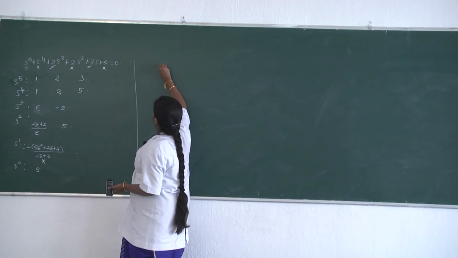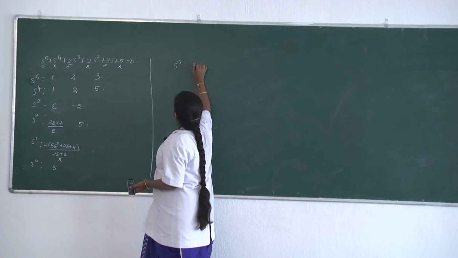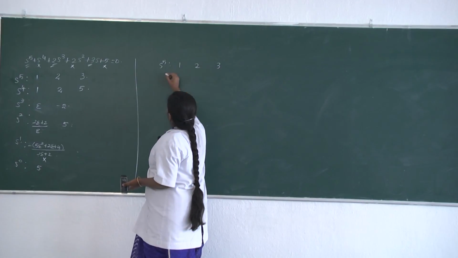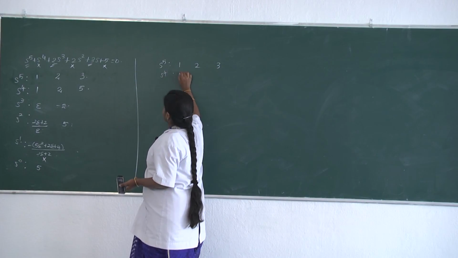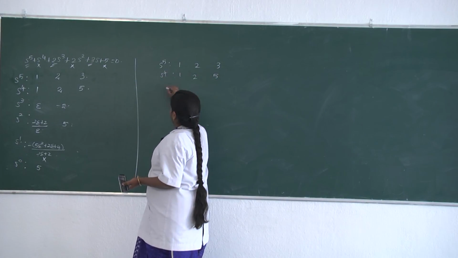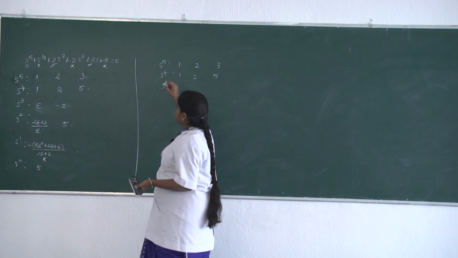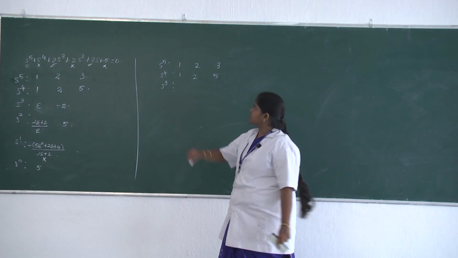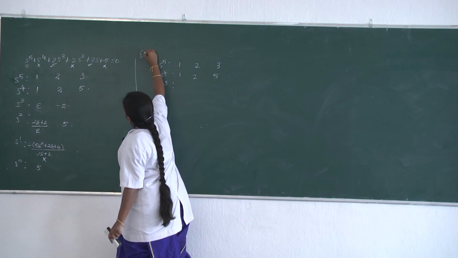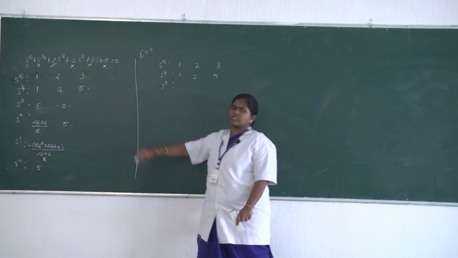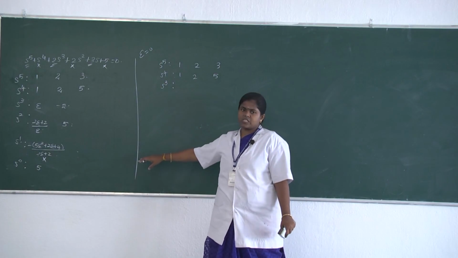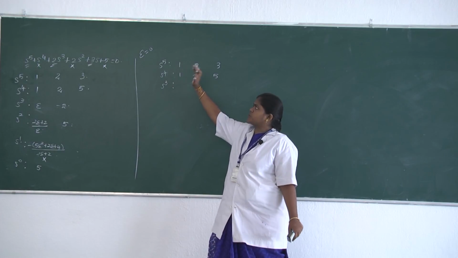By substituting that value as 0, the first row and the second row remain as they are, 1, 2, 3 and 1, 2, 5. We assumed this as epsilon and proceeded till the last step. Now we are going to substitute that value.